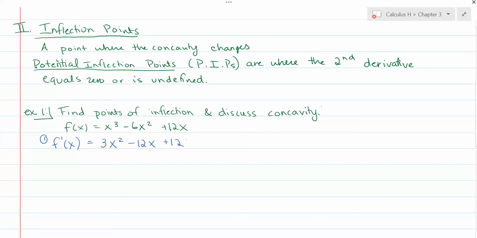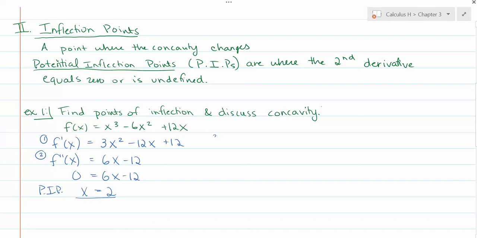Then we want to find our second derivative, because we're looking at concavity and inflection points, so we get 6x minus 12. We want to find our potential inflection points, so that's going to happen at x equals 2.